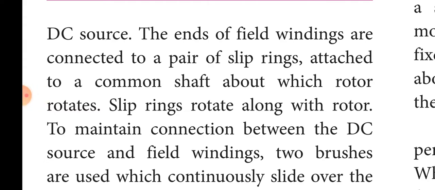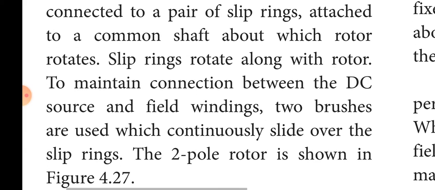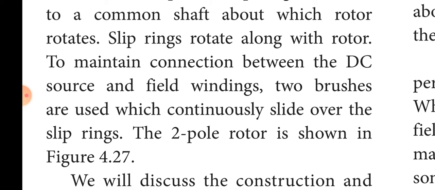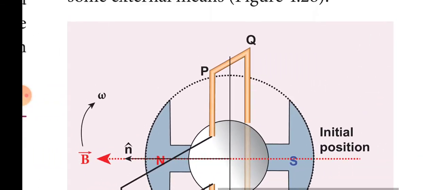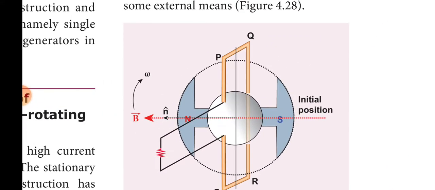The ends of the field windings are connected to a pair of slip rings attached to a common shaft on which the rotor rotates. The slip rings rotate along with the rotor to maintain the connections between the DC source and the field windings, while the brushes slide continuously over the slip rings. The diagram shows this simply.